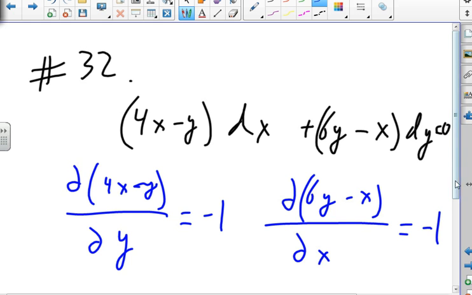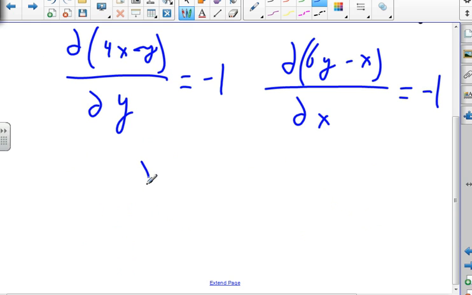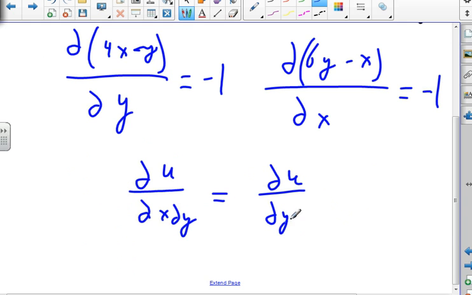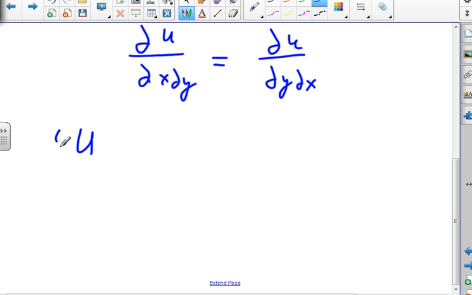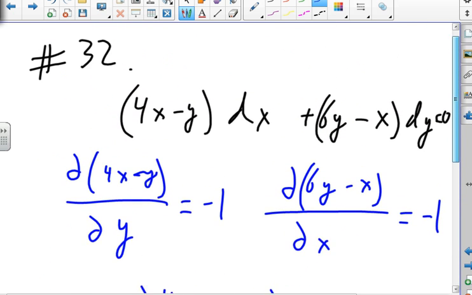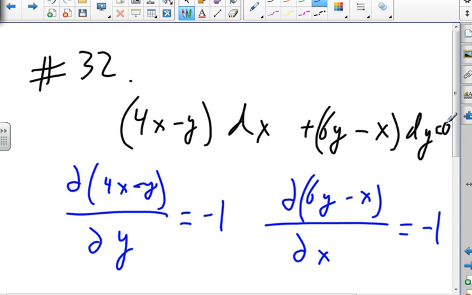Now the mixed partials are equal, so the partial of u with respect to x, respect to y, is equal to the partial of u respect to y, respect to x. That being the case, there has to exist a function u, where the partial of u with respect to x has to equal the m guy, 4x minus y.